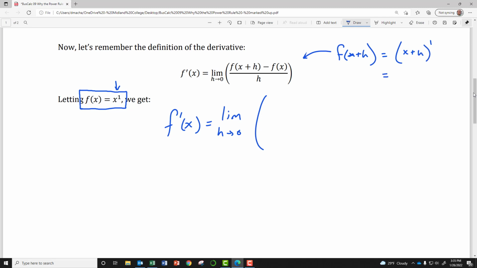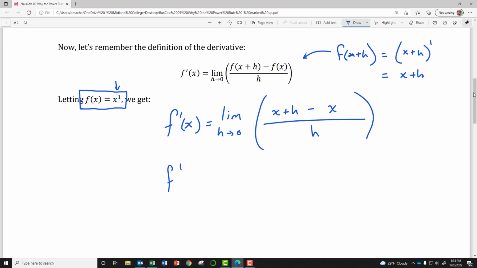Of course, the power 1 you can rewrite without the power, and you could even rewrite it without the parentheses, just x plus h. Then whenever I subtract f of x, that's going to be minus x to the 1 power, or we might just write minus x, again divided by h.